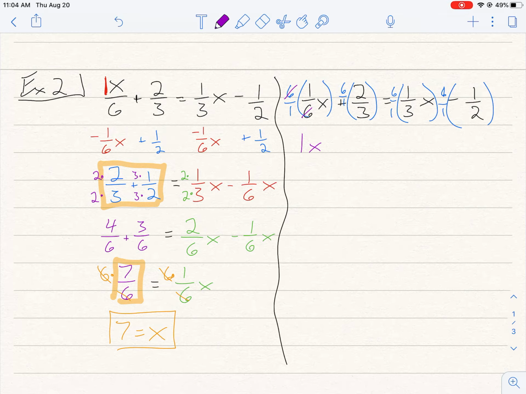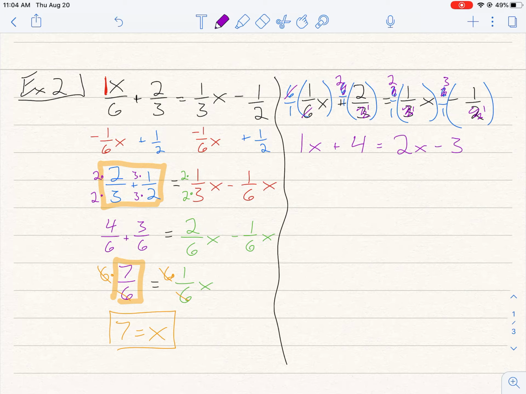If I cross-reduce the 6 with the 3, get rid of the 3, the 6 becomes a 2, so now I have 2 times 2, which is 4. Again, cross-reduce the 3 with the 6, so the 3 is gone, that becomes a 2, so that gives me 2x. And then cross-reduce the 2 with the 6, that becomes a 3, that's a 1. Those all became 1s there. So 3 times 1 gives me negative 3.